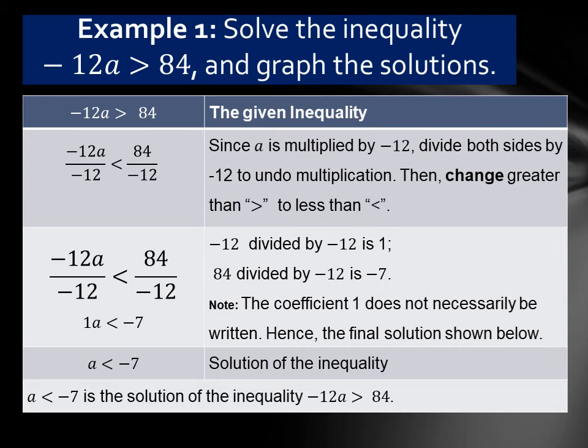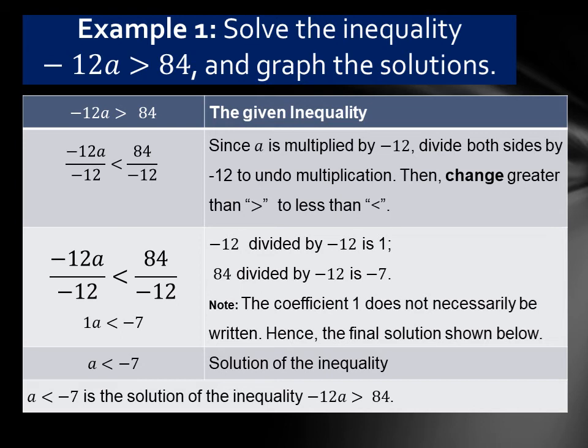Since a is multiplied by negative 12, divide both sides by negative 12 to undo the multiplication. Then change greater than to less than, because we are dividing by a negative. So negative 12a divided by negative 12 is less than 84 divided by negative 12.